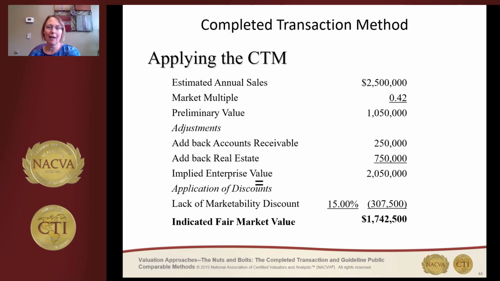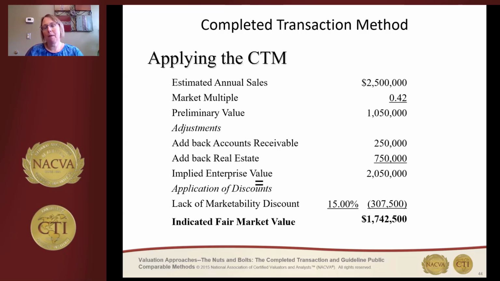So then how do we apply the completed transaction method? We say, okay, our estimated annual sales is 2.5 million. Our market multiple is 0.42, and that's directly the average of what we got from our transactions that we thought made sense. Our preliminary value is 1.05 million. Now we need to do our adjustments.